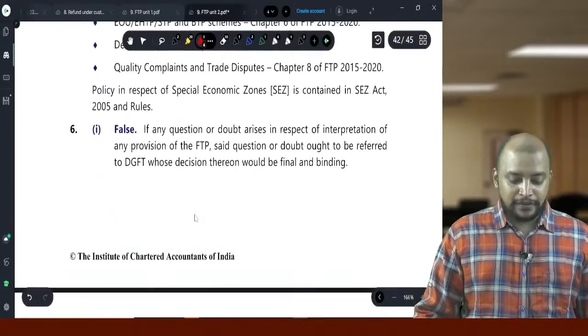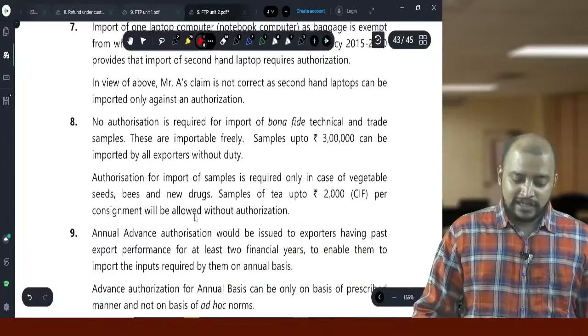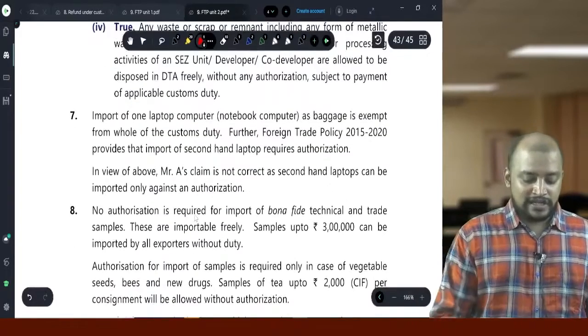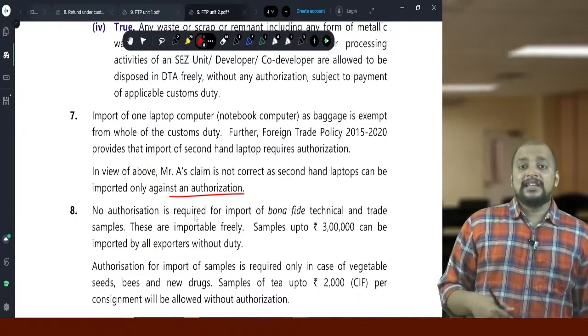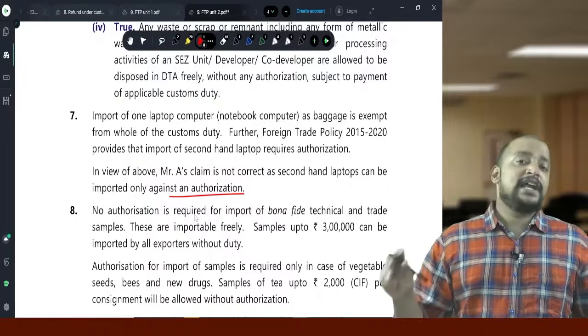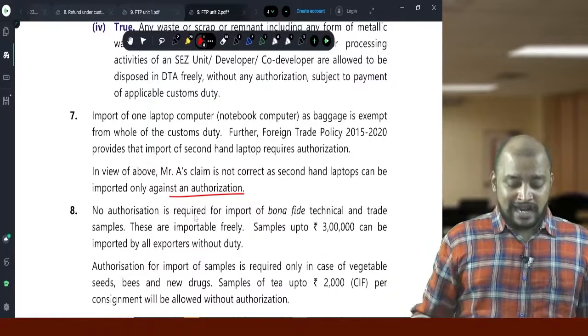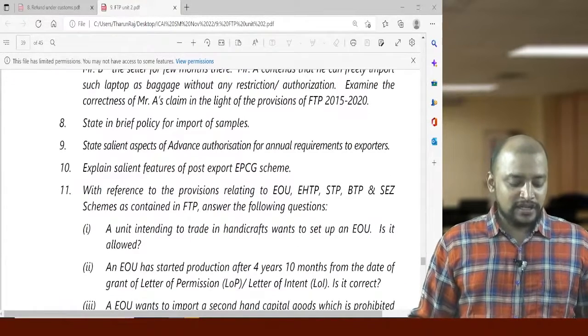So they have to import it with an authorization, only against an authorization. However, one point we can write that suppose if it is used in projects abroad for at least 1 year for setting up a project abroad, then it can be imported without any authorization. Like that we can write that extra point.